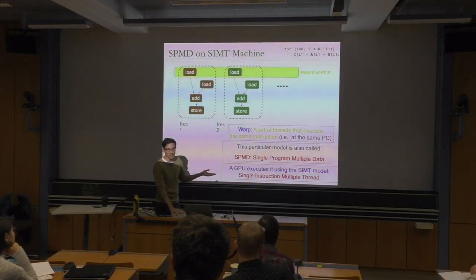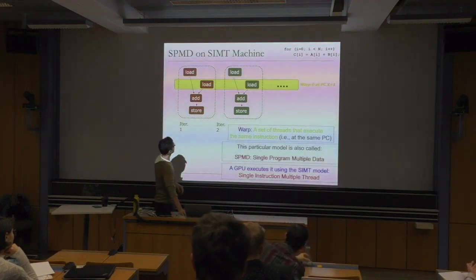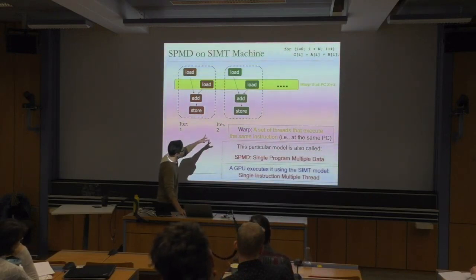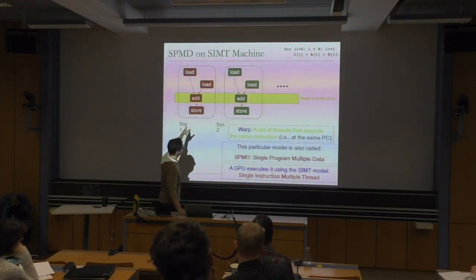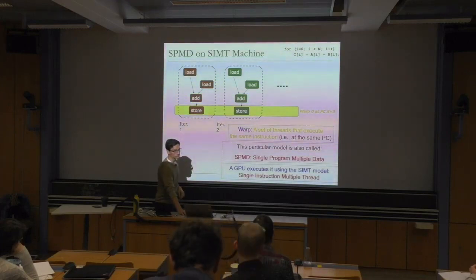By PC I mean the program counter, right, which is the address in memory of the instruction to be executed. Okay, and then after warp 0 is done with the loads, then warp 1 goes to the next load, and then it goes to the addition, and then it goes to the store. And this is how the program is going to execute.